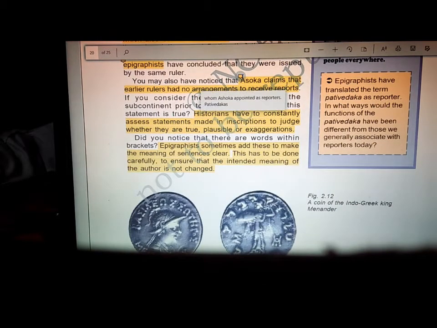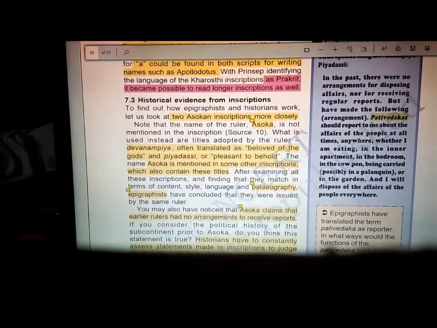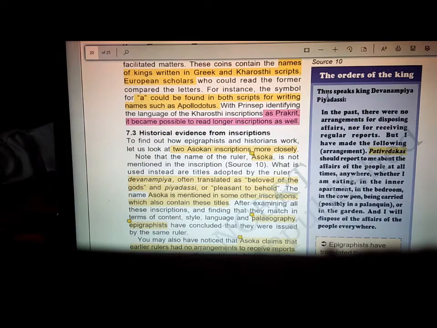Here they have written one account about Ashoka, that Ashoka claimed that before him, none of the rulers had reporters, like no one reporting to them what was going on in their kingdom. So it was not true, but Ashoka claimed that, and he appointed reporters called Pativedakas. Here they have given a description about the Pativedakas in source number 10. You just read the source properly.